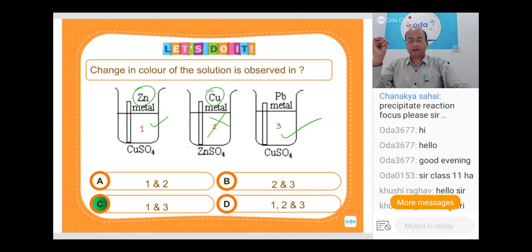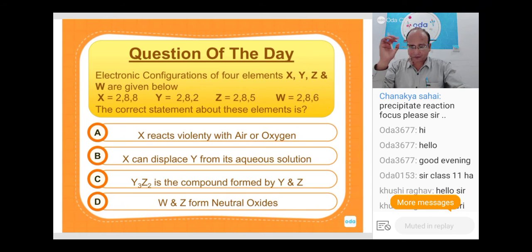So this reaction will also take place. Okay, so where will you observe the change in color? You will observe the change in color in the first and third beaker. So I hope this is clear to all of you.